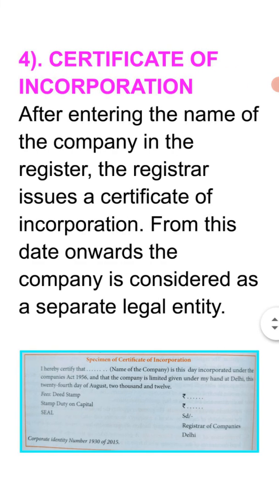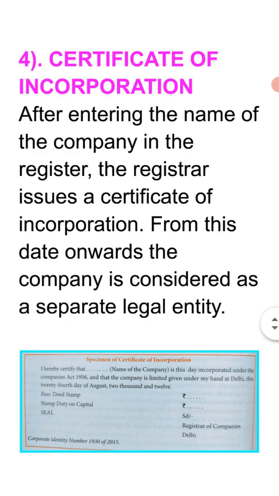Thereafter, the fourth point will come here, that is the certificate of incorporation. After entering the name of the company in the register, the registrar issues a certificate of incorporation. As soon as the name of the company has been entered in the register, the certificate of incorporation will be provided by the registrar, and from the date mentioned on the certificate of incorporation, the company is considered to have a legal separate existence.